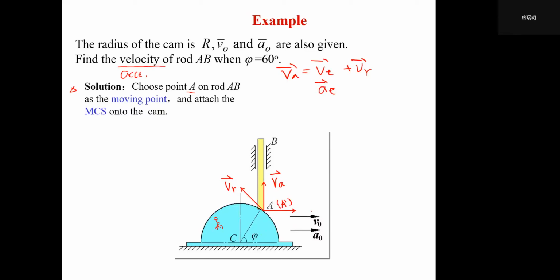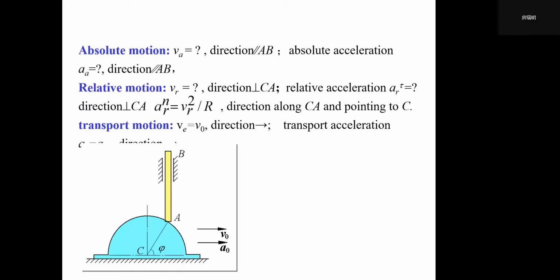So here our VE has magnitude V equals V0, right? Our task is to find the velocity of rod AB, actually to find VA and AA, right? So let's move to the next page.